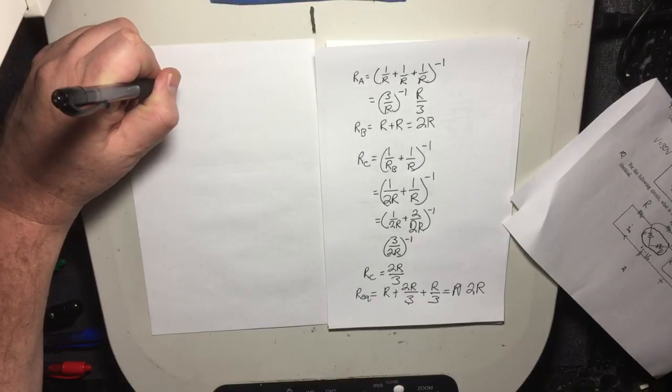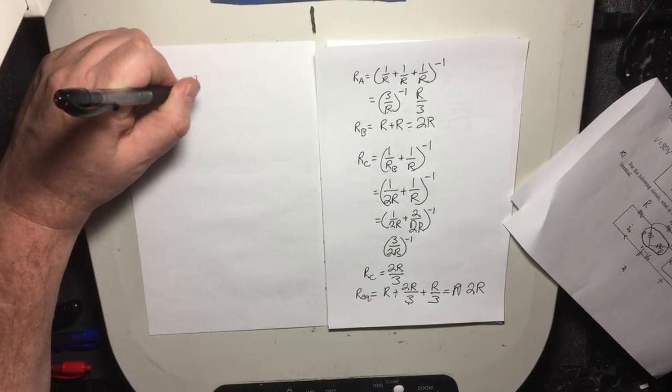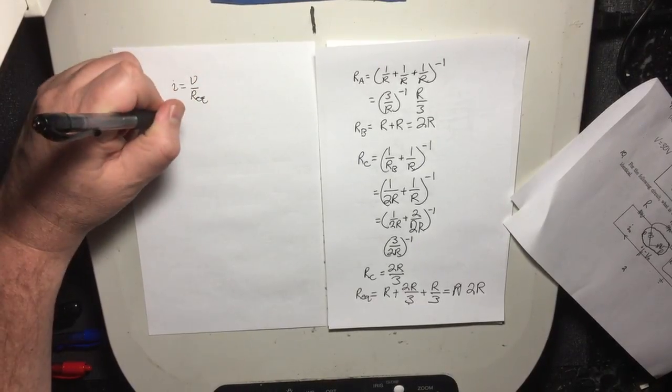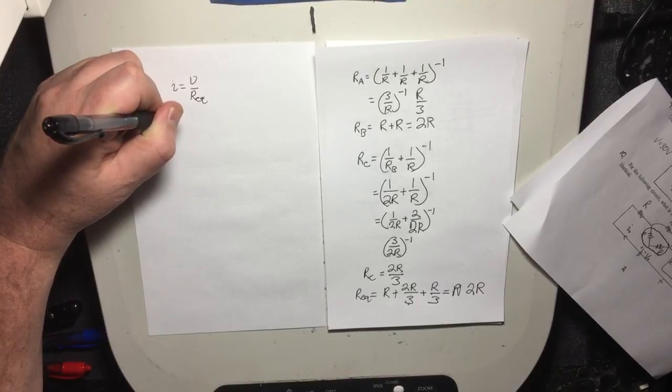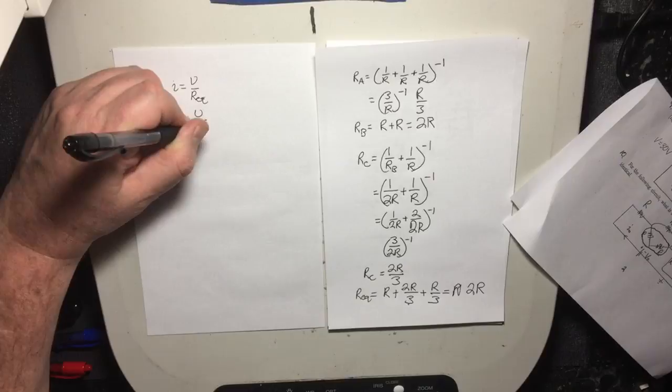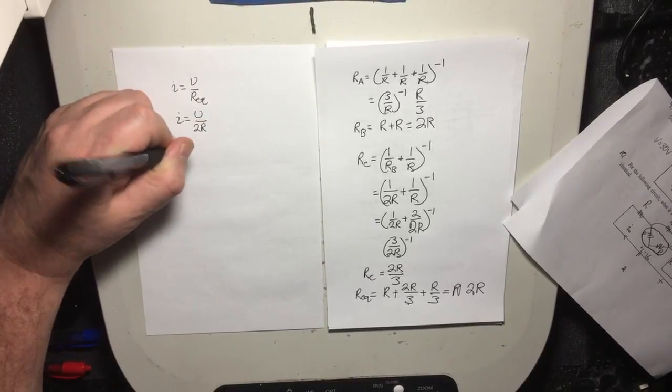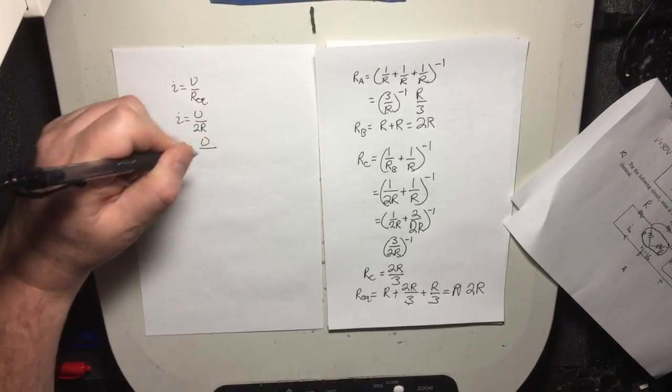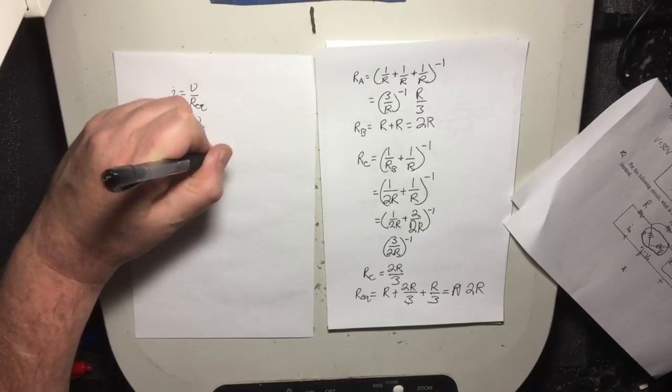Now we use Ohm's law. I is V over REQ. So I is V over 2R, or R is V over 2I.